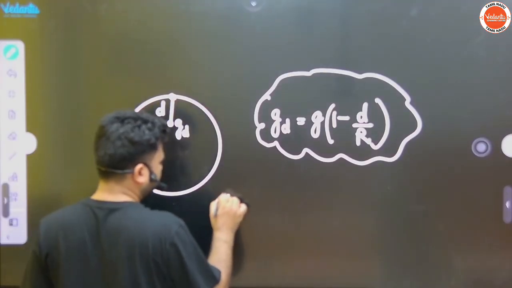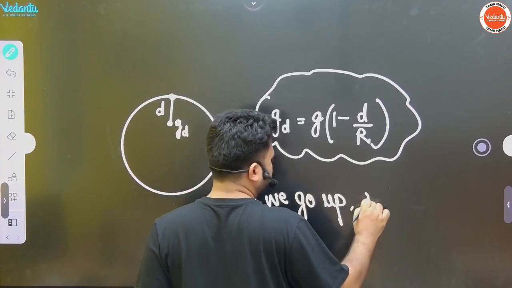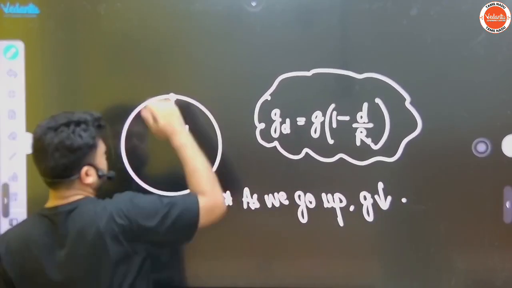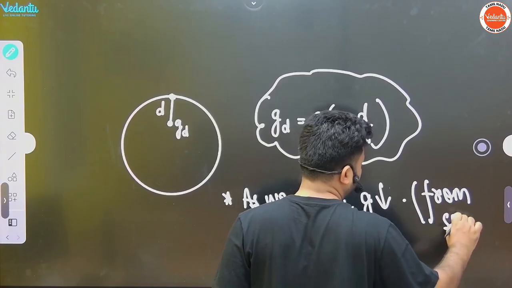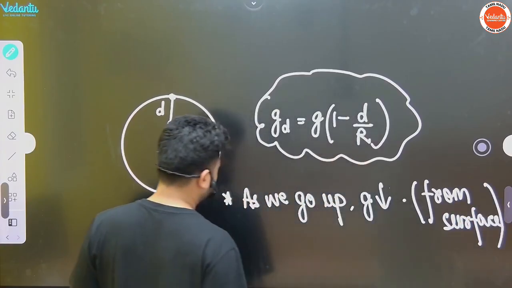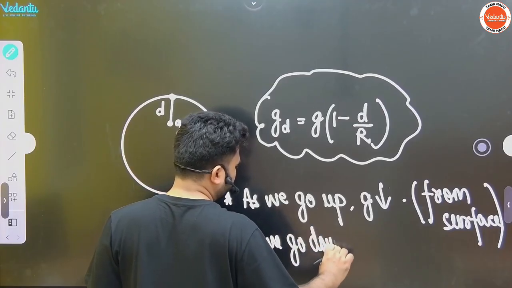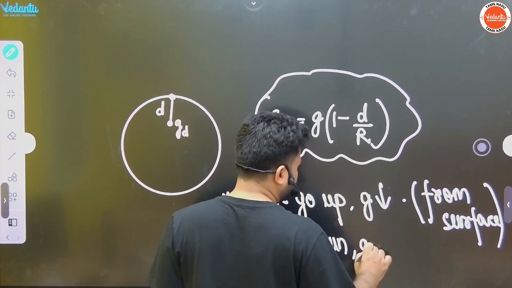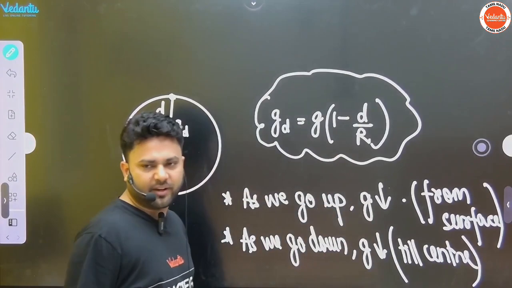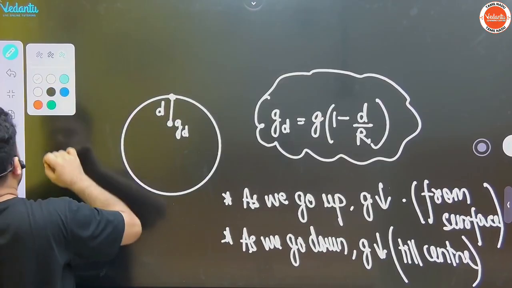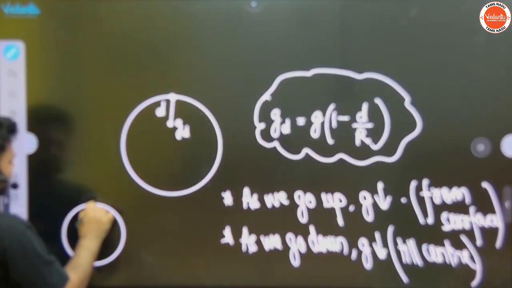Always remember, as we go up from the surface, the g value decreases. Similarly, as we go down, the g value decreases till the center. Suppose here the g value is 10.